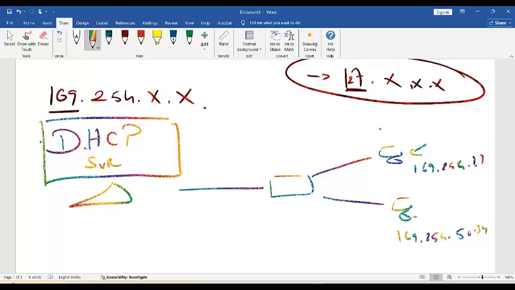I repeat, these devices are DHCP clients.